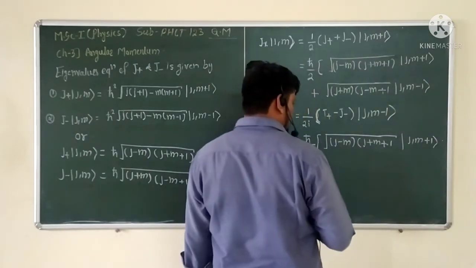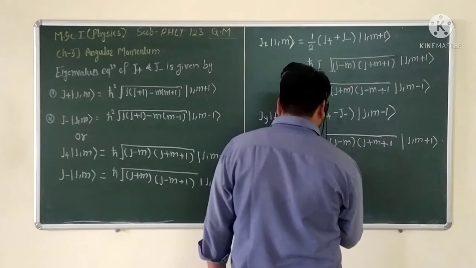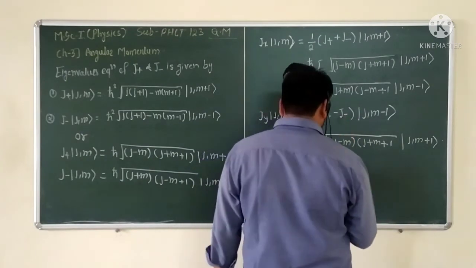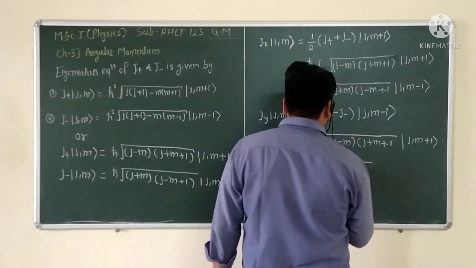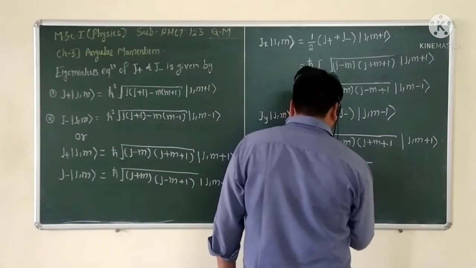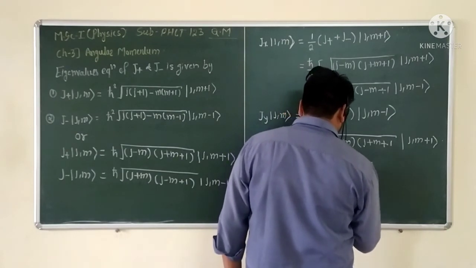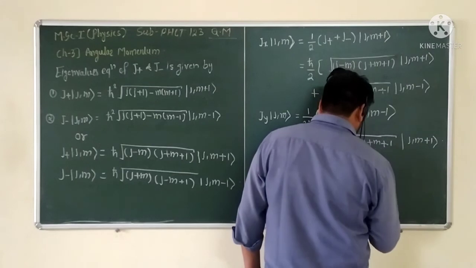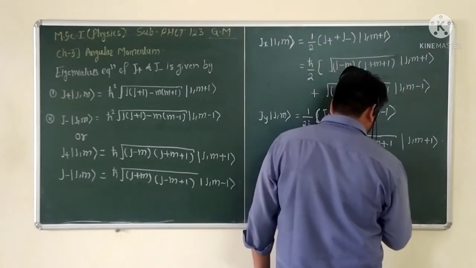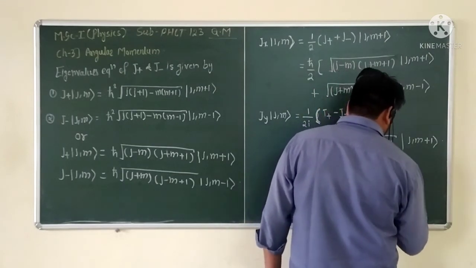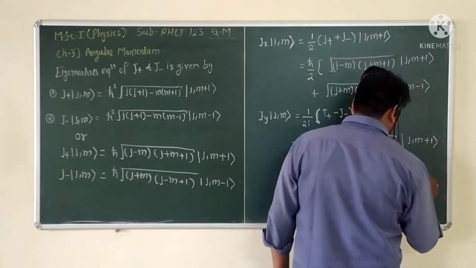And for the other solution there is a minus sign, and this J minus is nothing but the square root of J plus M in the next bracket, J minus M plus 1, ket of J comma M minus 1.